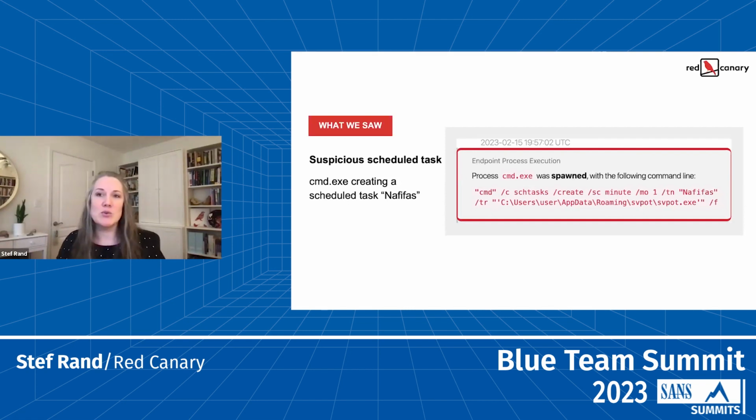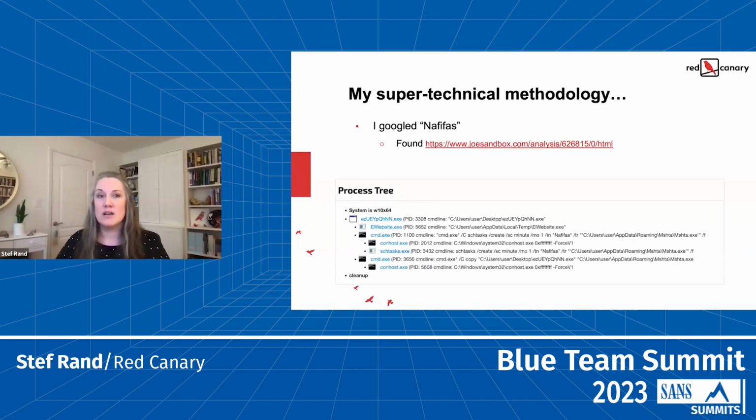So I decided to do a very super technical technique, and I Googled Nathafos and actually came back with something. I wasn't expecting to, but I did. Joe Sandbox had a sample that had been submitted that included that same task name in the execution. I was like, oh, okay, that's cool.